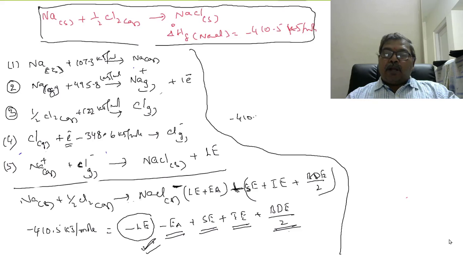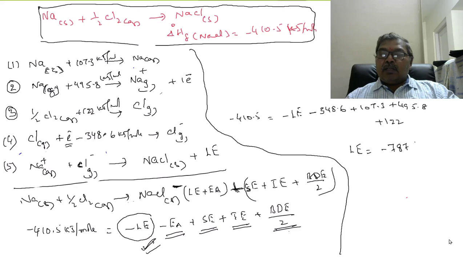Minus 410.5 is equal to minus Le minus 348.6 plus 107.3 plus 495.8 and plus 122. Then if you calculate the lattice energy value, you may get around 787 kilojoules per mole.